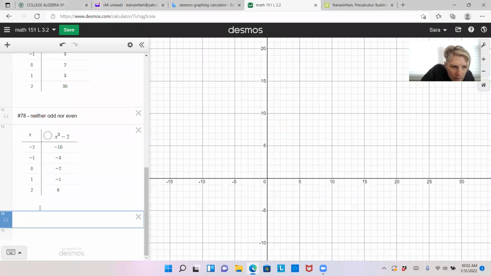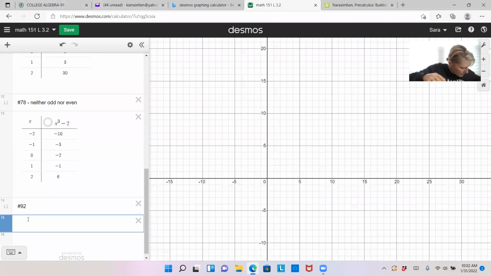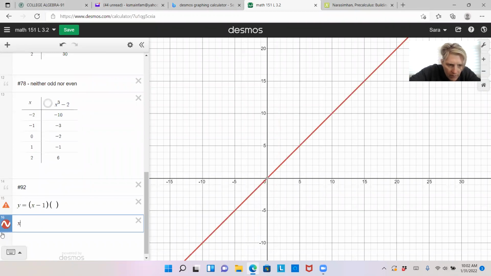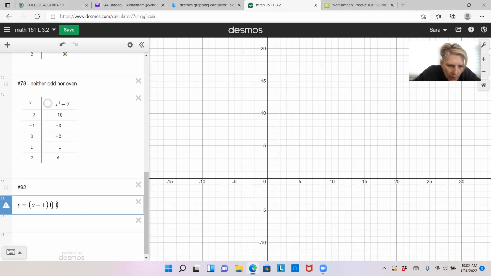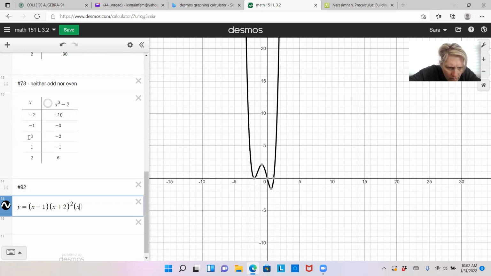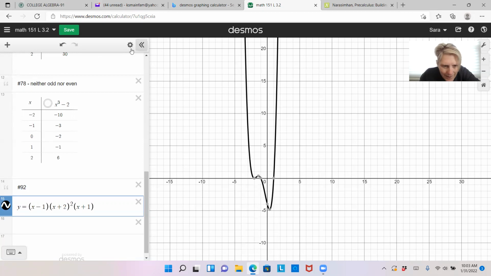So I'm going to turn off our previous graph. This is going to be number 92. And it's y equals x minus 1, x plus 2 squared, and then x plus 1, and it looks like what we thought.